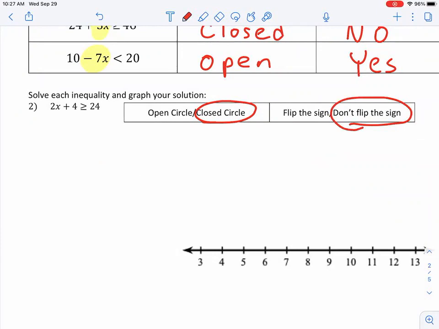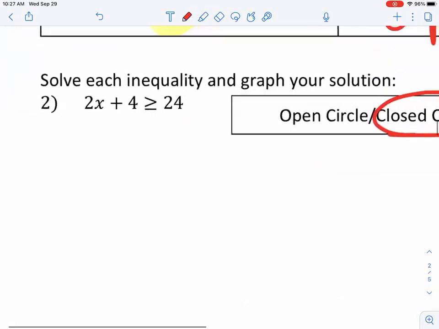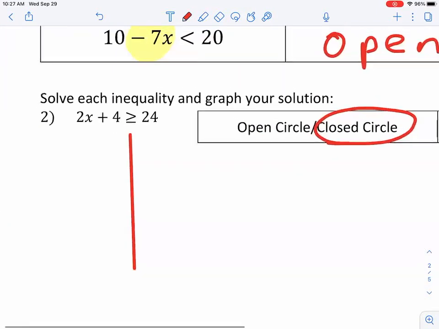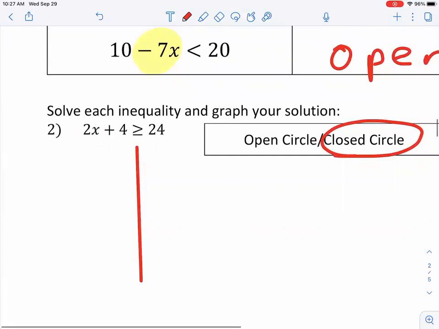So now let's solve this. When we solve it, just like the equations we did before on the board, we're trying to get x by itself. So I'm going to subtract 4 from both sides. And just like we were doing before, I have 2x on the left side.